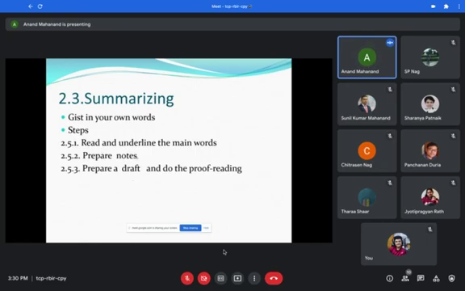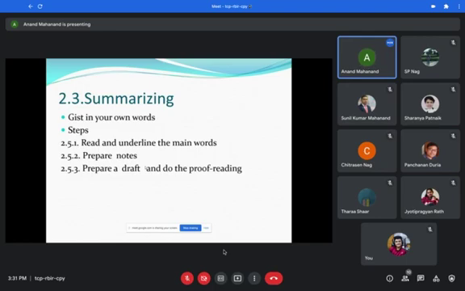Okay, the 3 steps are, the first one is read and underline the main words in a text. And after you underline the main words, you prepare notes. Okay, using the notes, you prepare a draft summary. And after your draft summary, you proofread it, you edit it.